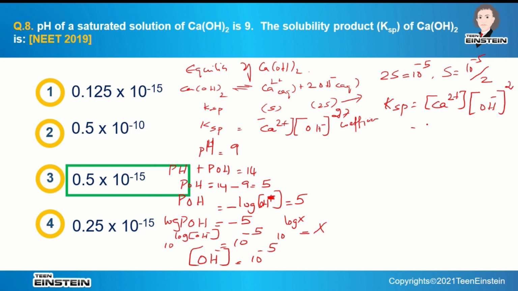So here we write this as S into, here OH minus is 2S, the whole square. So we know S is 10 to the power minus 5 divided by 2, into, so here 2s is 10 to the power minus 5, the whole power 2.